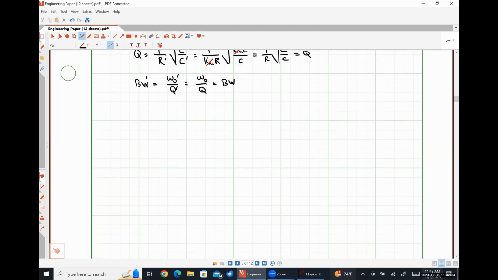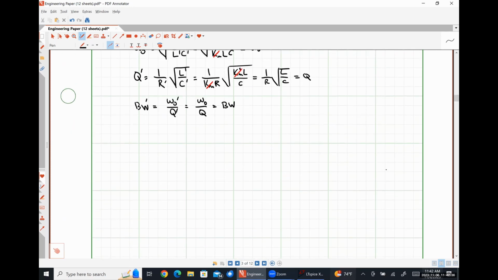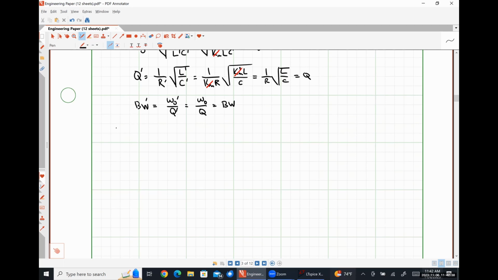So now let's talk about frequency scaling. Okay. So in frequency scaling, our goal is to scale the frequency while leaving the impedance constant.